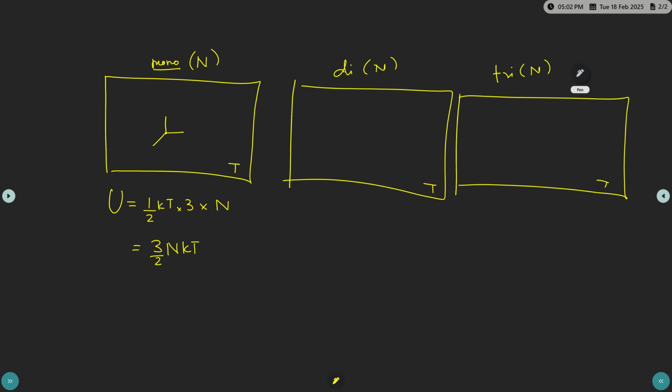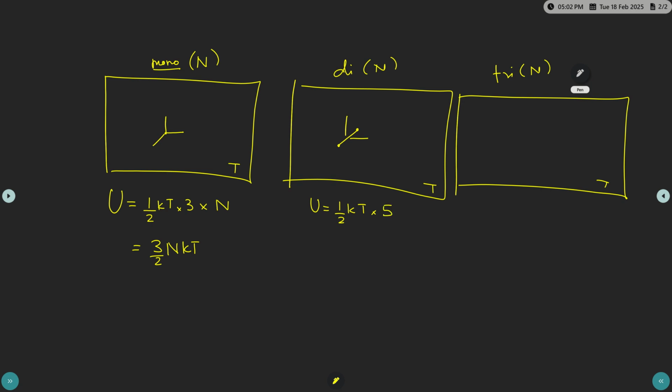For a diatomic gas, each degree of freedom receives half kT. The number of degrees of freedom of a diatomic gas: first, there are 3 degrees of freedom for translation and 2 degrees of freedom for rotation. So the total number of degrees of freedom is 5.